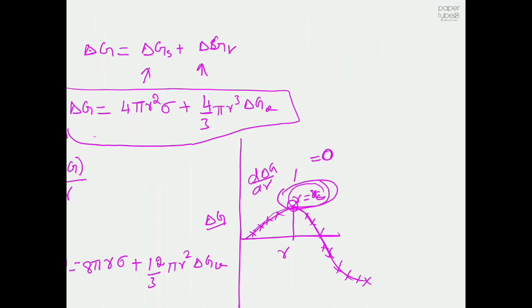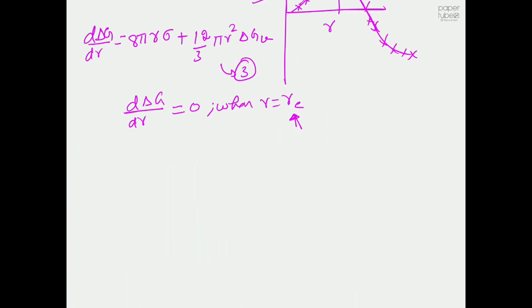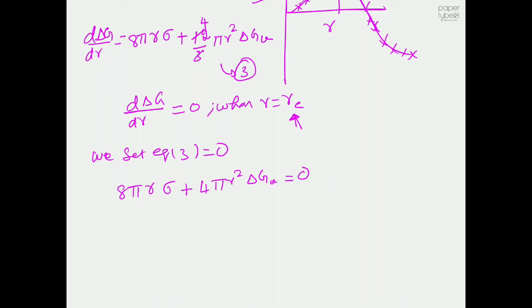So let's call this equation 1, this is equation 2, this is equation 3. We set equation 3 equal to 0, then 8 pi r sigma plus 4 pi r square delta GV will be equal to 0. From this we can calculate R equal to RC, because we set the equation to 0.